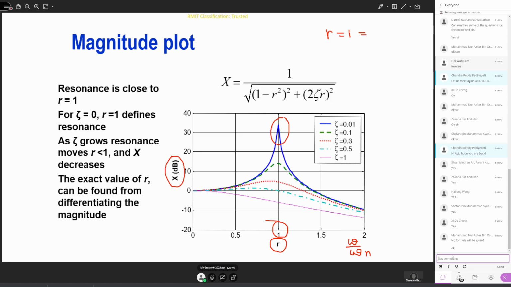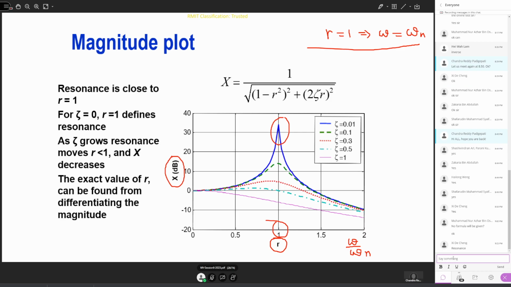So guys, can you tell what this condition is when r is equal to 1? That means the excitation frequency equals the natural frequency. We use a particular word to refer to this condition. Can you tell what it is called?